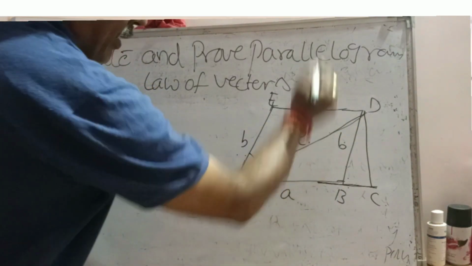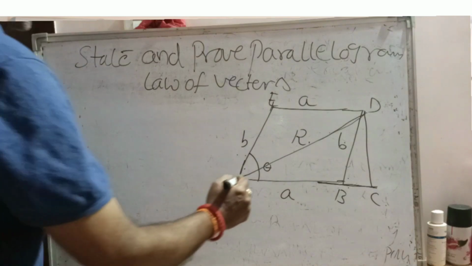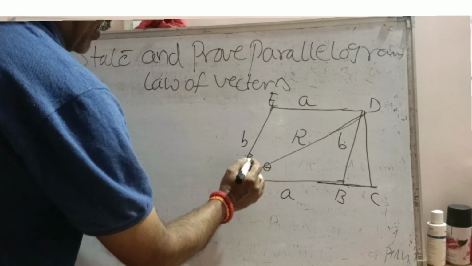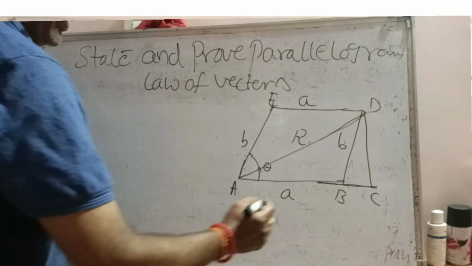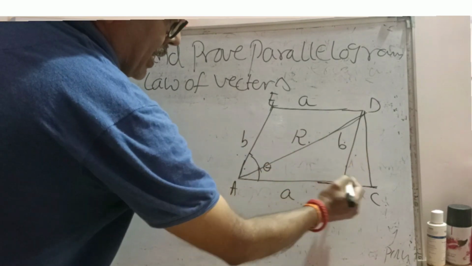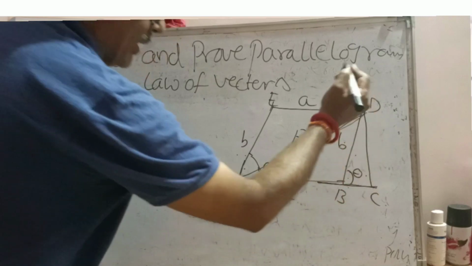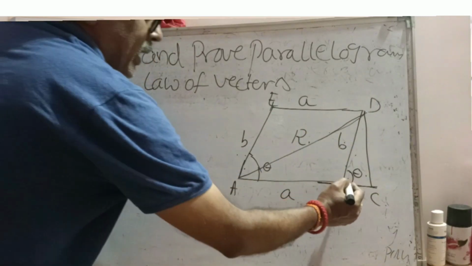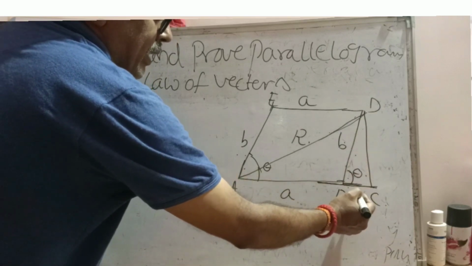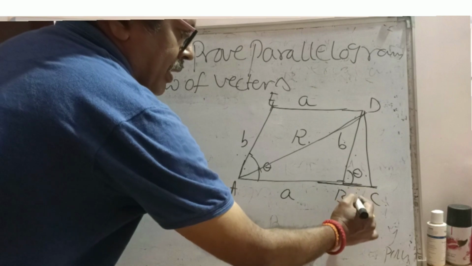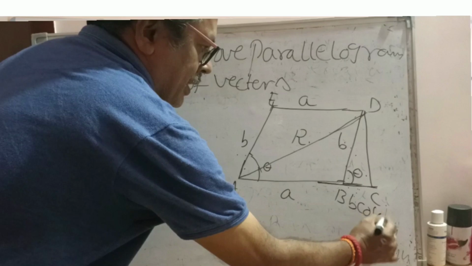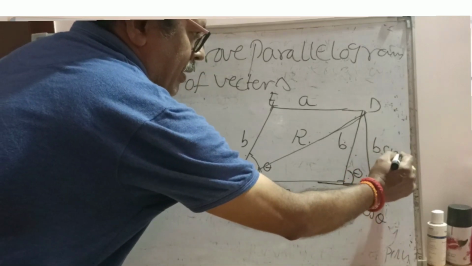Let the diagonal be represented by R. Here these two vectors make an angle theta. These two sides are parallel, and they are corresponding angles, that's why it is theta. This component can be resolved into two components: the horizontal component B cos theta and the vertical component B sin theta.